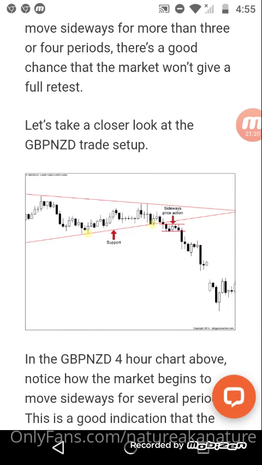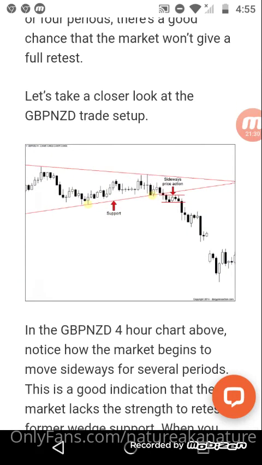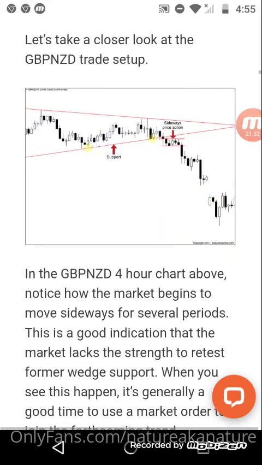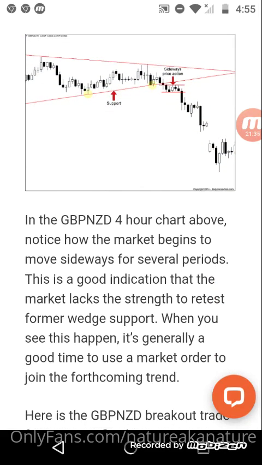Notice how the market begins to move sideways for several periods. This is a good indication that the market lacks the strength to retest the former wedge support. When you see this happen, it generally is a good time to use a market order. Like I said, you learn about market orders, buy orders, sell orders, to join the forthcoming trend.